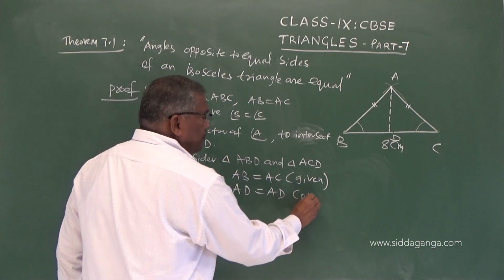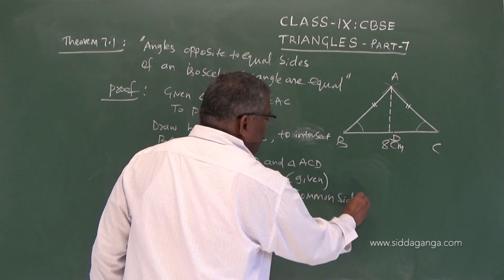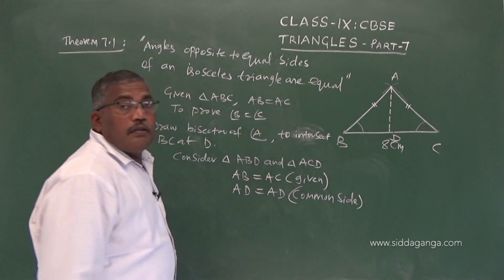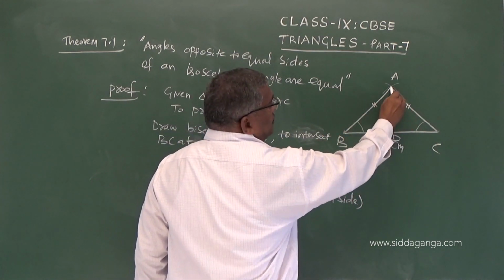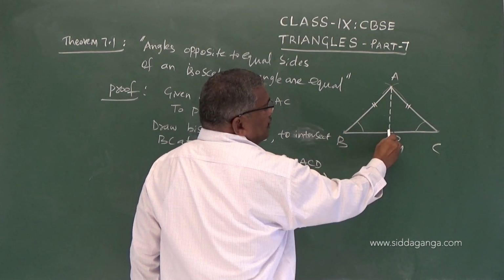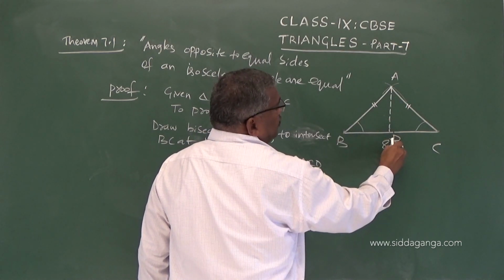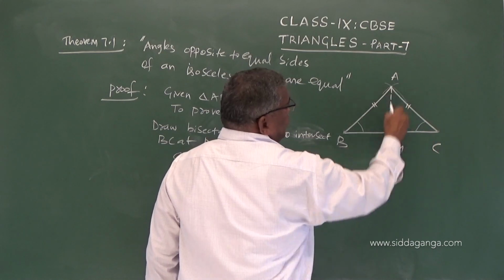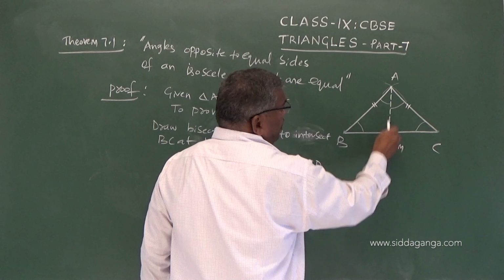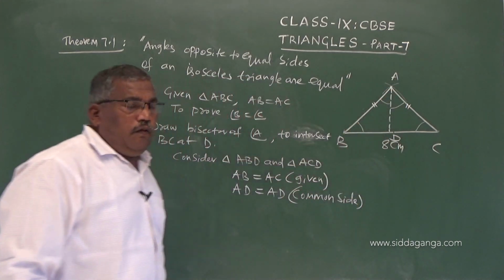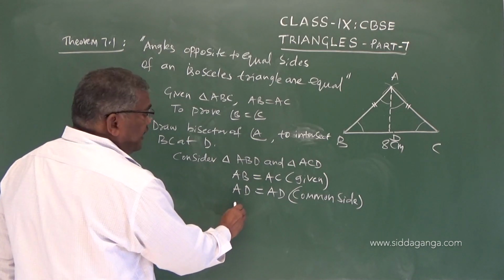Also, angle BAD is equal to angle CAD, because AD is the bisector.